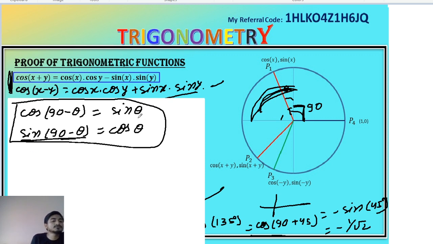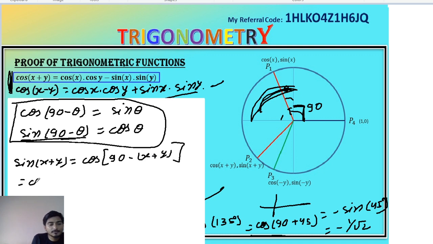if I write sine of x plus y, then I can write this as cos of 90 minus x plus y. This can be further written as cos of 90 minus x and then minus y.